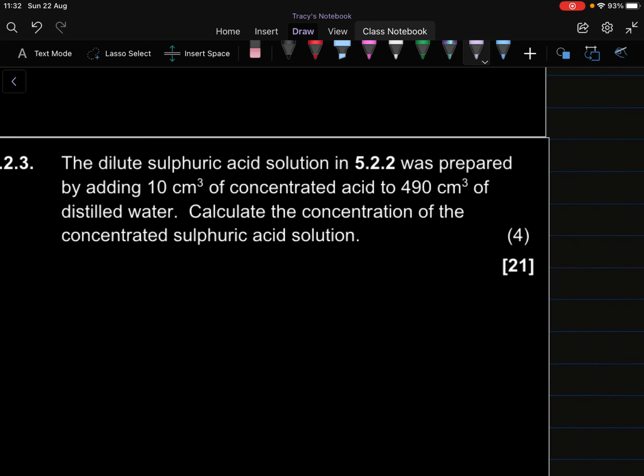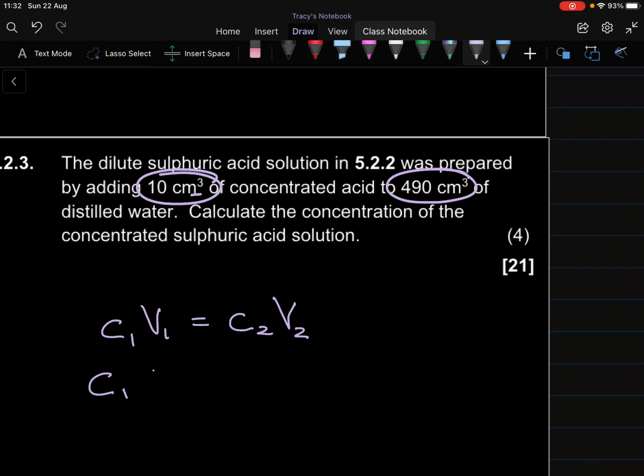Then they said the dilute sulfuric acid in 5.2.2 was prepared by adding 10 centimeters cubed of concentrated acid to 490 centimeters cubed of distilled water. Calculate the concentration of the sulfuric acid solution. That would be the original solution. Okay? C1 V1 equals C2 V2. My original concentration is what I'm looking for.